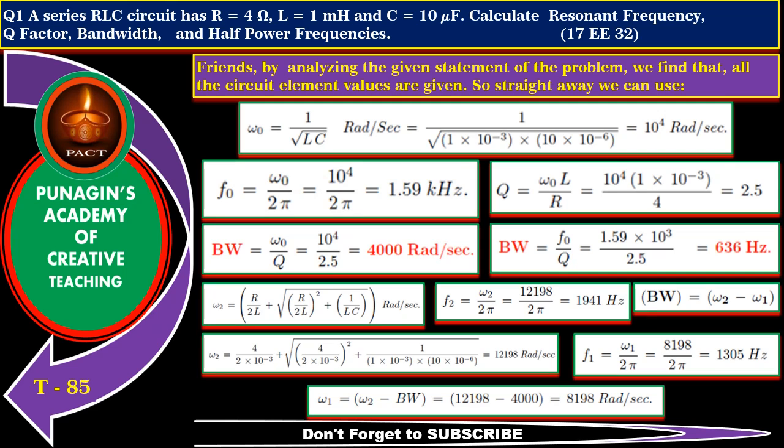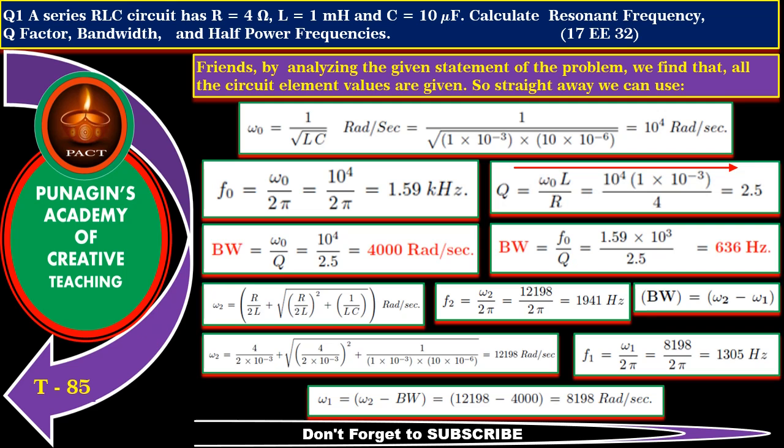Next, to find Q, we know Q is equal to omega naught L by R. By substituting the values of omega naught, L and R and solving, we get Q is equal to 2.5.